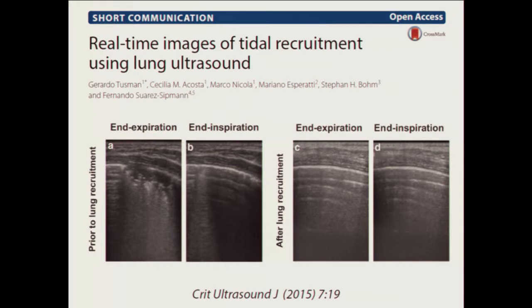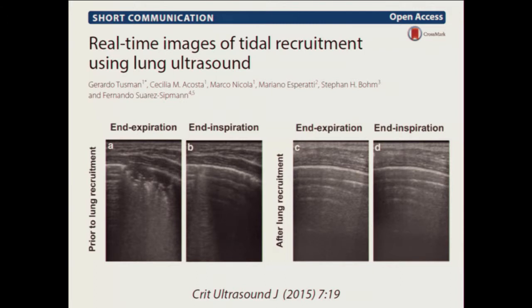This is a very interesting observation from the group of Tusman and Suarez-Sipmann. You can see on the left of the slide that there is a little subpleural consolidation at expiration that completely disappears at inspiration. So maybe this is an ultrasound-detected tidal recruitment.